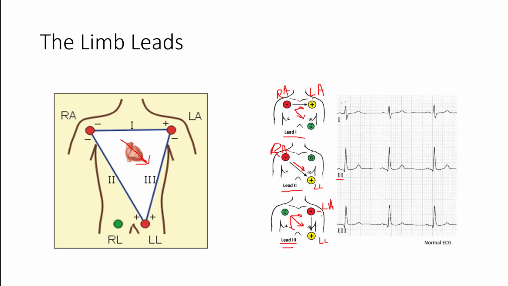It'll be larger than lead 1 because of the orientation of that positive terminal. Remembering we're saying the positive terminal is kind of the eye. It's the receiving end of that lead. You can think of this as the receiving end of our recorder. The bottom of the heart, right? We're going to capture more of that inferior wall.